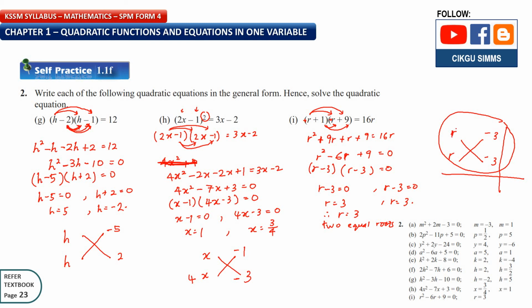But to prevent any error, you should check everything, like negative 3 times negative 3, you get positive 9, r times r, you get r squared, and this one you get negative 6r. Check everything against the question so that you do everything correct.